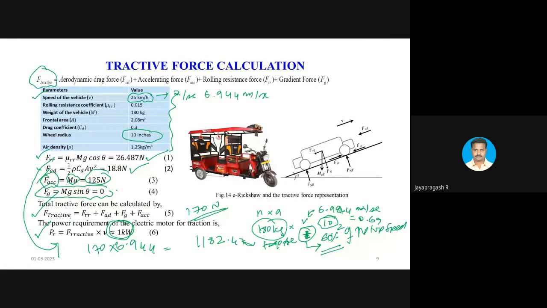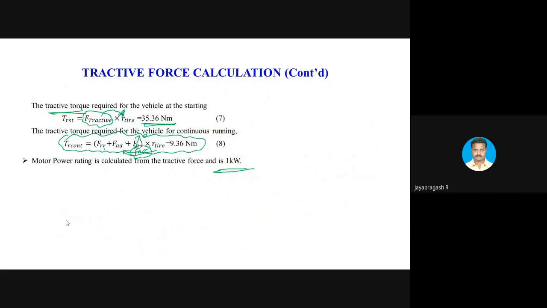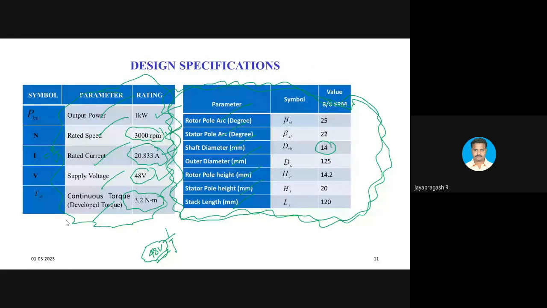So calculating the accelerating force is very important. The time required for acceleration also decides the power rating of the machine, which is most important, so we can treat it as one of the operating variables.